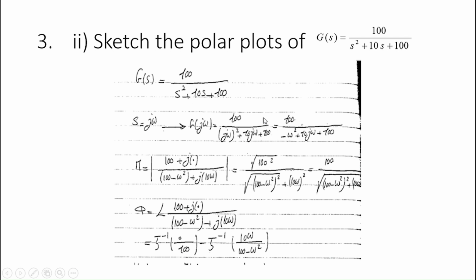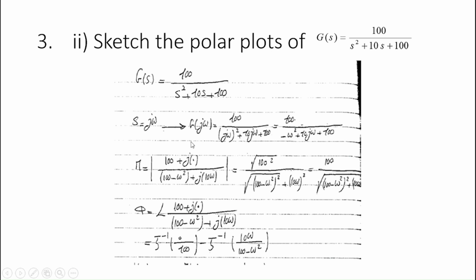Using the complex number property that j squared is equal to minus 1, we can rewrite this as 100 over minus omega squared plus 10 j omega plus 100. We can rewrite this as 100 plus 0j over 100 minus omega squared plus 10 j omega.